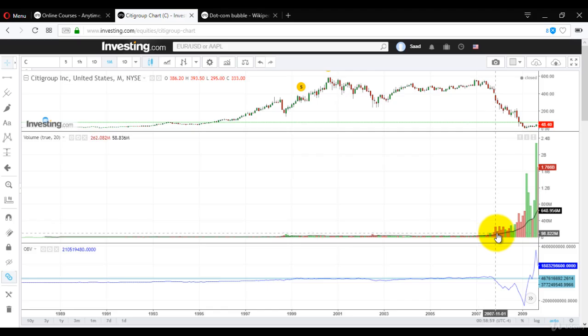October, 121 million. And November, 262 million. Now, why is the volume rising? Because institutional investors are dumping. They are dumping at every rate. The volume is increasing because the general public is buying. They don't know that they are getting sucked into a loss-making trap because they don't trust OBV.